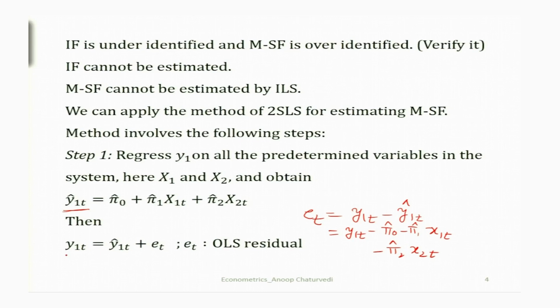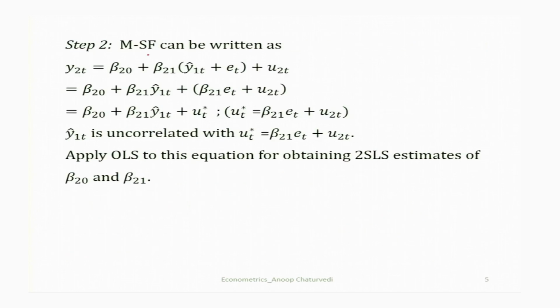So, first we write y 1 t in this form, and then we write the second equation, the money supply function, as in step 2, say, y 2 t equal to beta 2 0 plus you replace y 1 t by y 1 t hat plus E t, plus u 2 t, and then this is equal to beta 2 naught plus beta 2 1 y 1 t hat plus we take beta 2 1 E t with u 2 t.